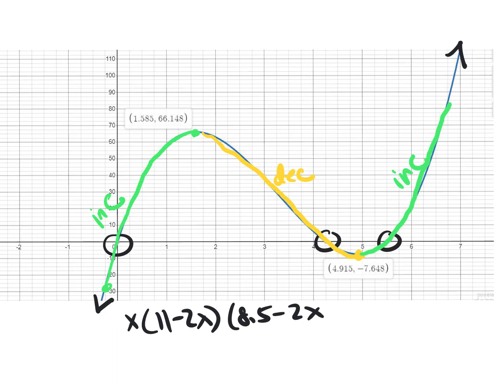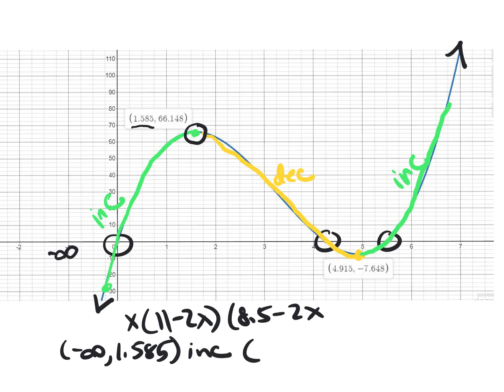When I write my intervals, if I have the picture of the whole polynomial, I will normally start at negative infinity, using the x values here. So I'm using from negative infinity to the x value of this maximum point, which is 1.585. That is increasing. Then I start at 1.585 and go to the x coordinate of the minimum here, which is 4.915, and that is decreasing.